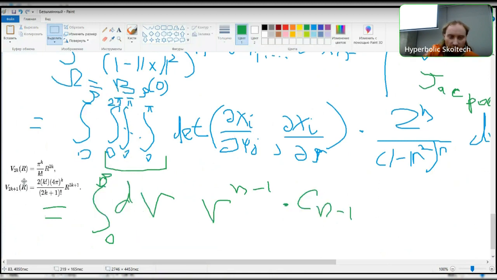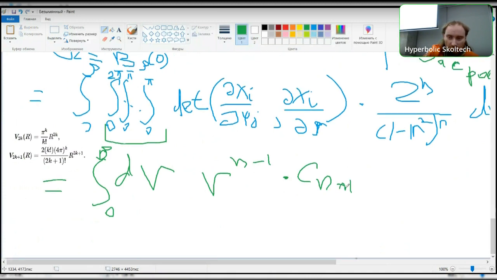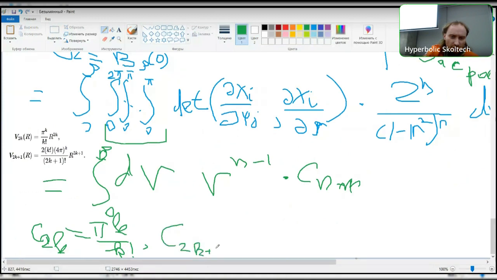So actually, this function equals, so not n minus 1, but this function equals pi to the power k divided by k factorial, or there is an expression with gamma functions which I don't remember.